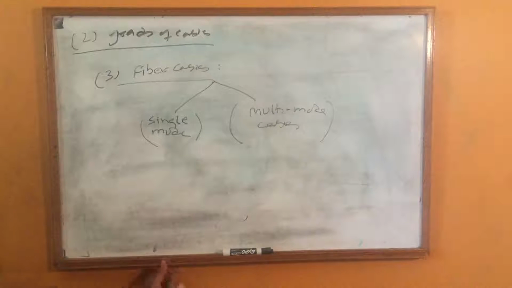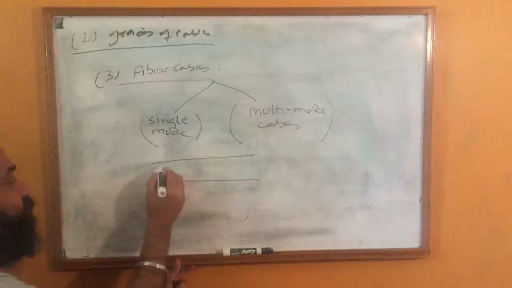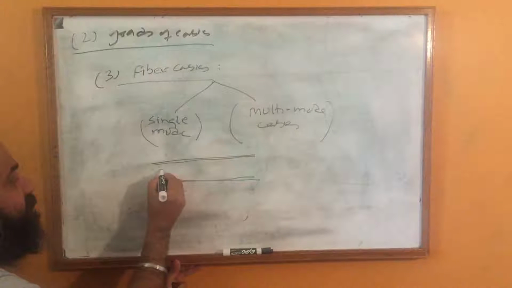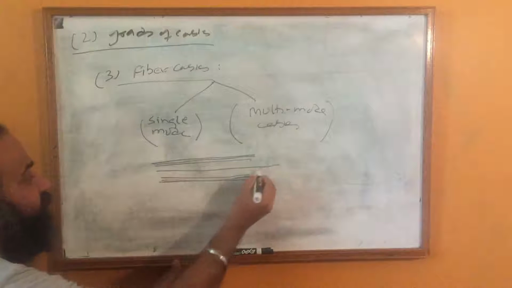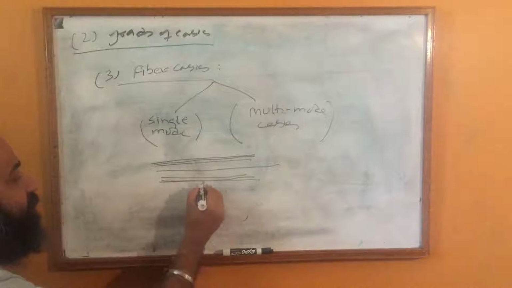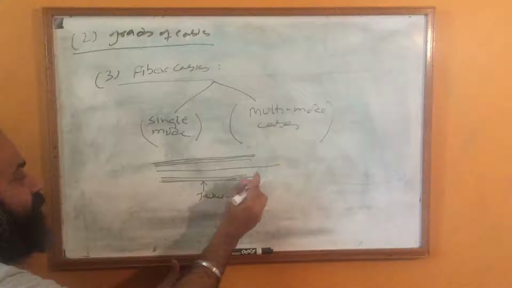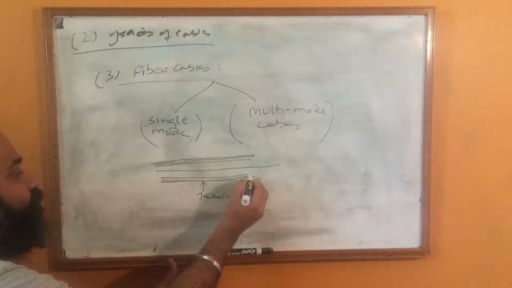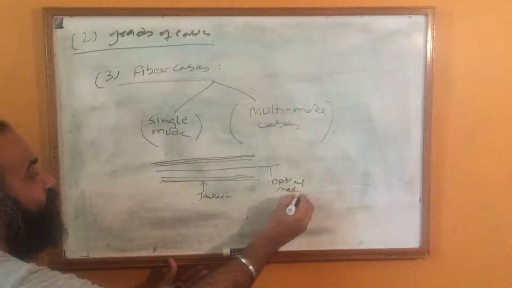Single mode doesn't mean that it has only one strand. So basically the science behind it is, again, you have a jacket, you might or might not have some sort of shielding. Then there is a plastic core, and in the plastic core there is an optical cable. Then they have an optical media.